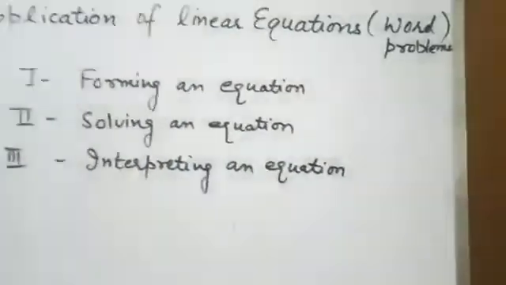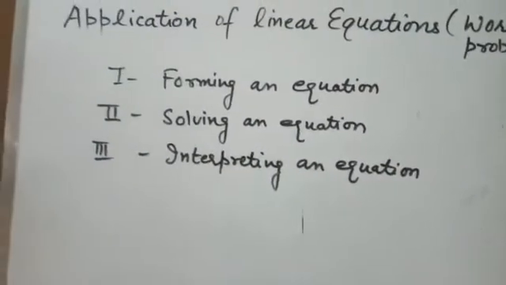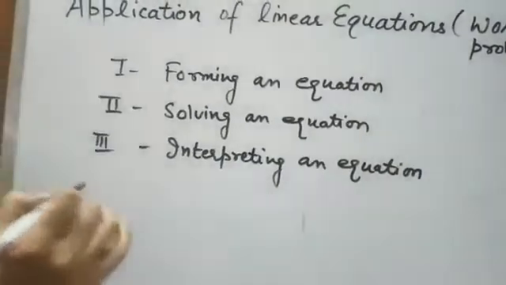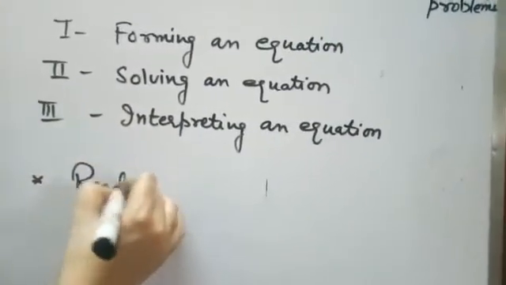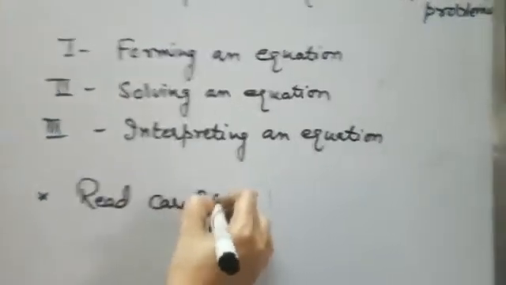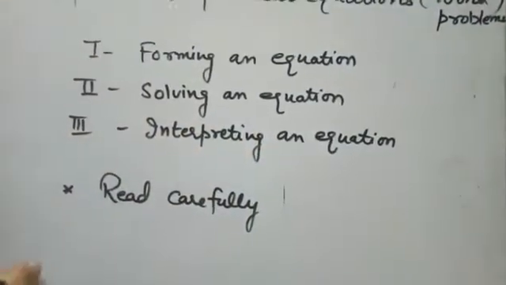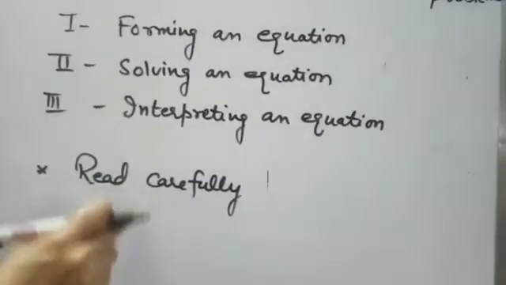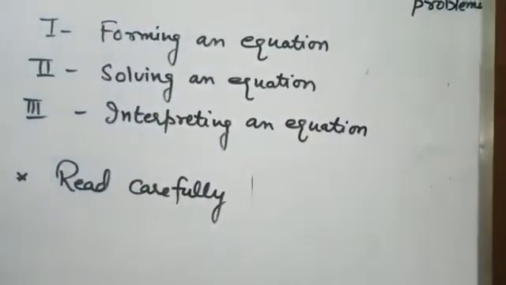Now the following steps should be taken care of while solving a word problem. The first step, read the statement carefully. Read carefully what is given to you and what is required. If this is clear to you, only then will you be able to form an equation.